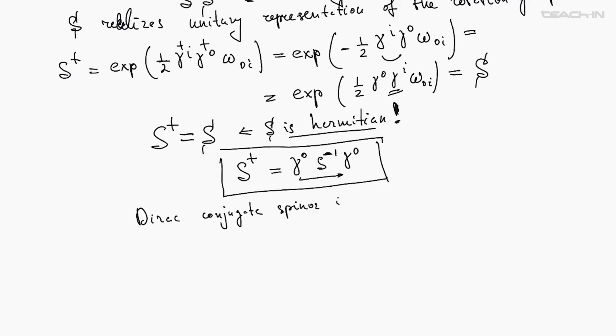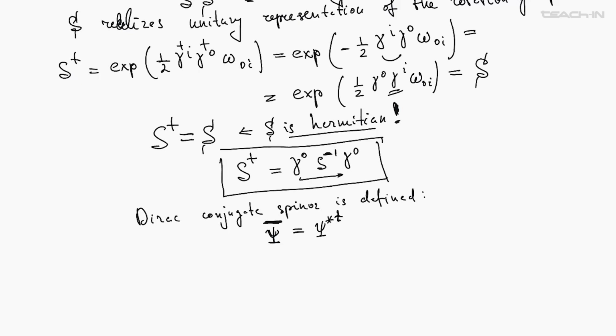It's denoted by psi bar, psi with a bar. I think I already used this expression, but now I give a motivation why it is introduced. Given explicitly by psi conjugate transpose, which means psi Hermitian conjugated, multiplied with matrix gamma 0 from the right.